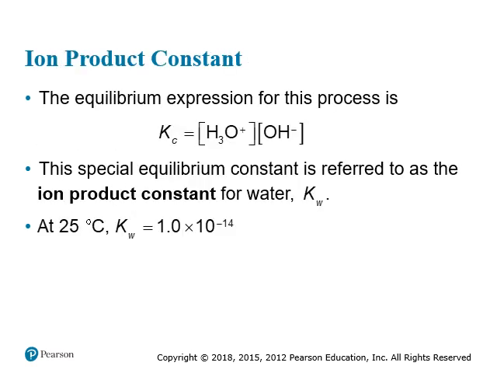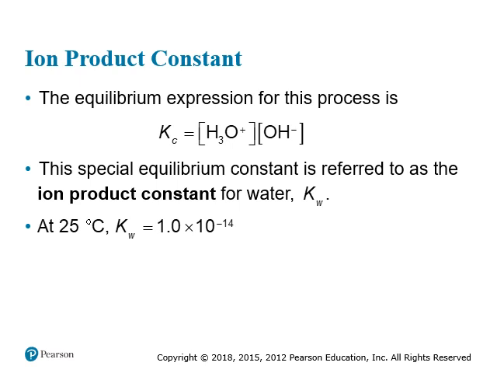This is a special case of ionization, one that speaks to a special value of K. If we evaluate the equilibrium constant for the reaction on the previous slide, we will see that the equilibrium expression becomes the concentration of our products over our reactants.